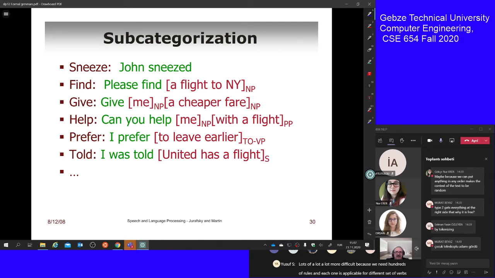That comes from the complication of the verbs. We have the same problem with the noun phrases, but it is not as serious as this one. For the verbs, this is a more serious problem.